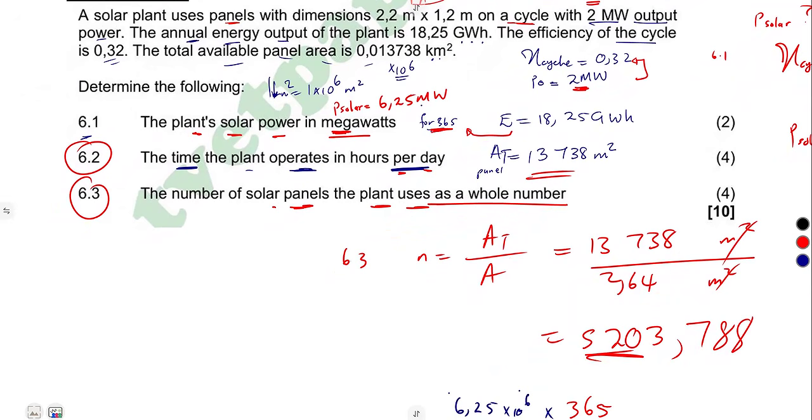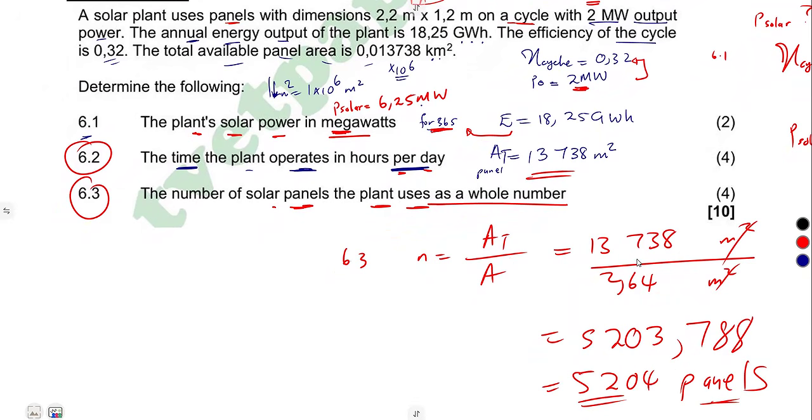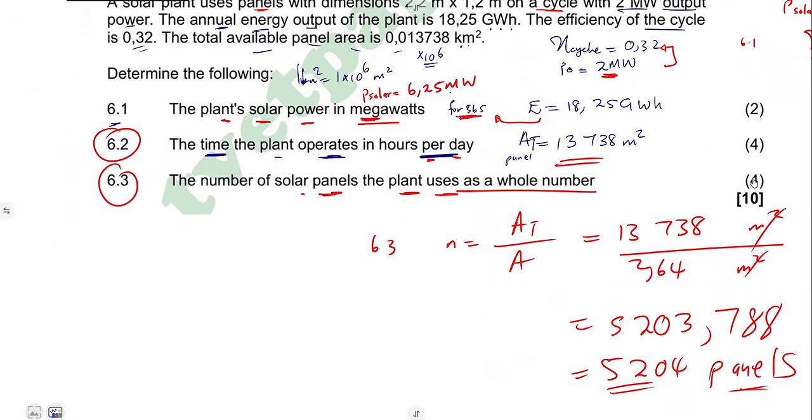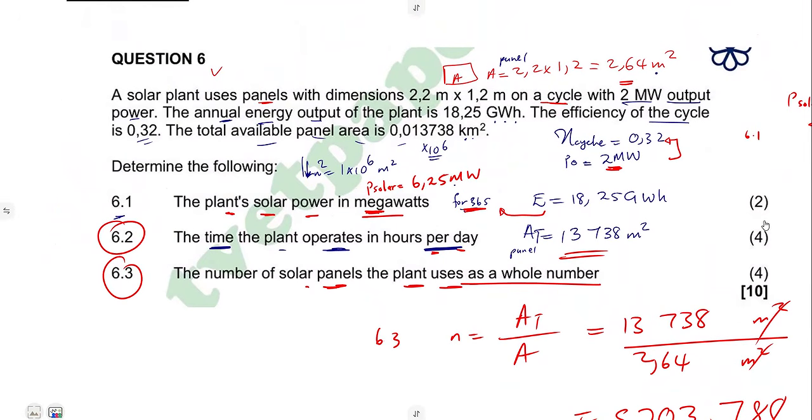So the next is going to be 5,204. Those are the number of panels that you're going to have. So you see, it's all about the information that you're given. Play around with that information. That is how we can answer these questions.